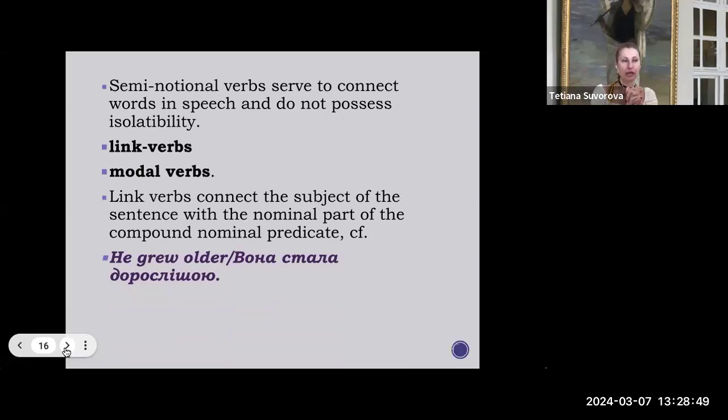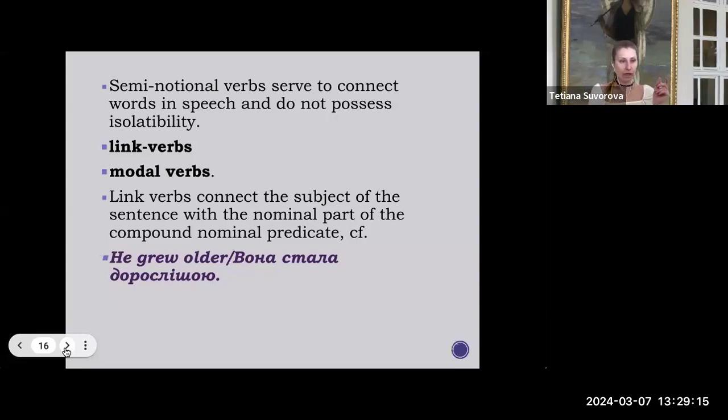In Ukrainian, there are often these link verbs. Usually it's the verb to be, the most typical in those languages. And usually in the Ukrainian language, it is omitted and is substituted by the punctuation mark, a dash. And okay, so let's have a look.